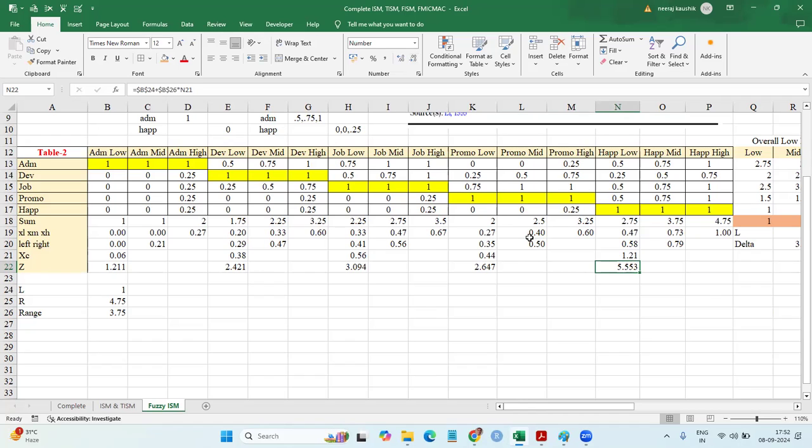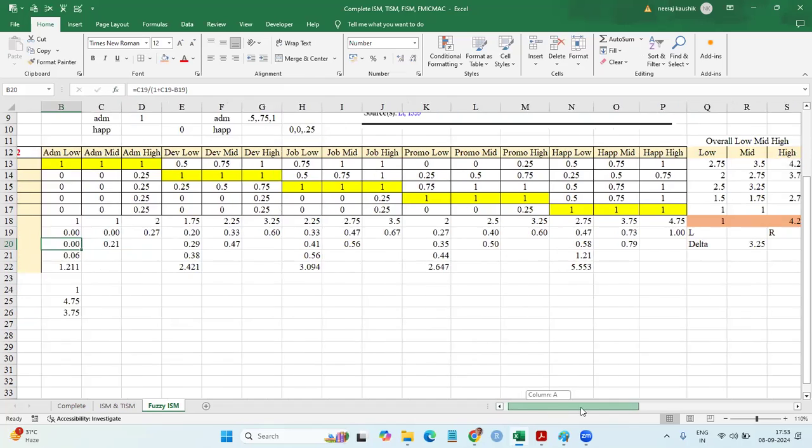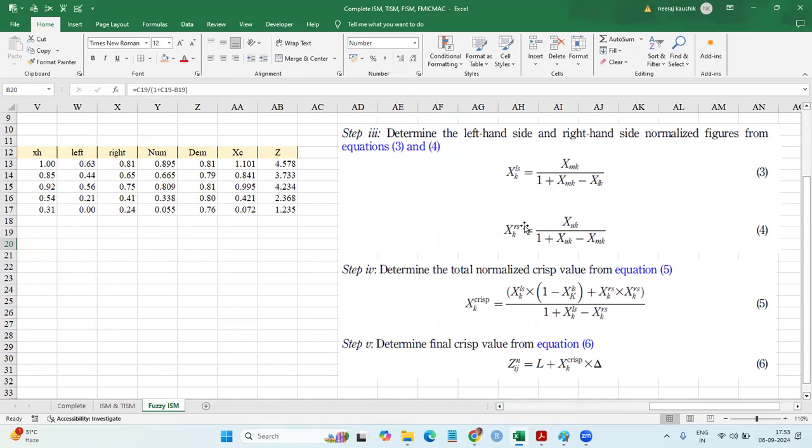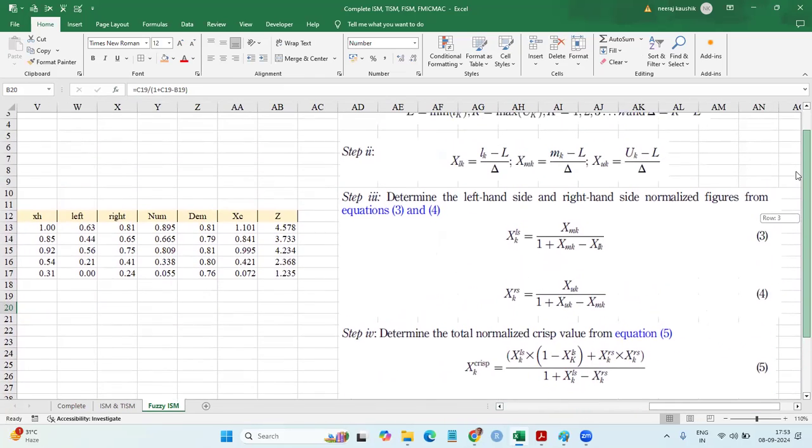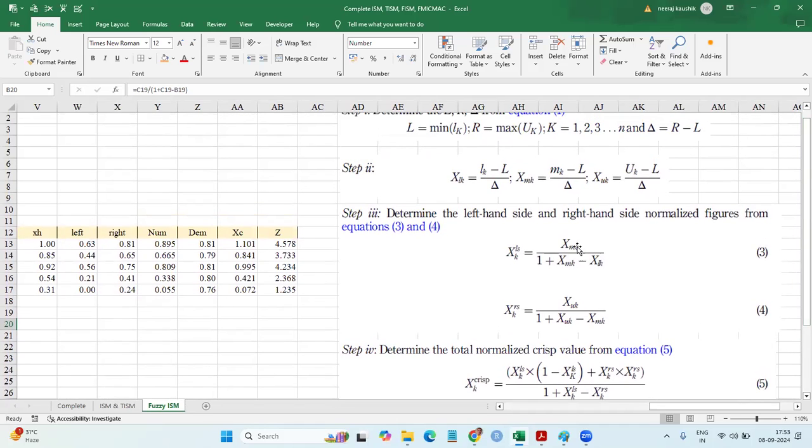Arun sir, any questions so far? No, sir. Felix has mentioned something with regards to column B20. He's saying it should be 1 into B20. Yes, the formula for the left was: middle value divided by 1 plus middle minus low. The formula for the right side is upper value divided by 1 plus upper value minus the middle value.